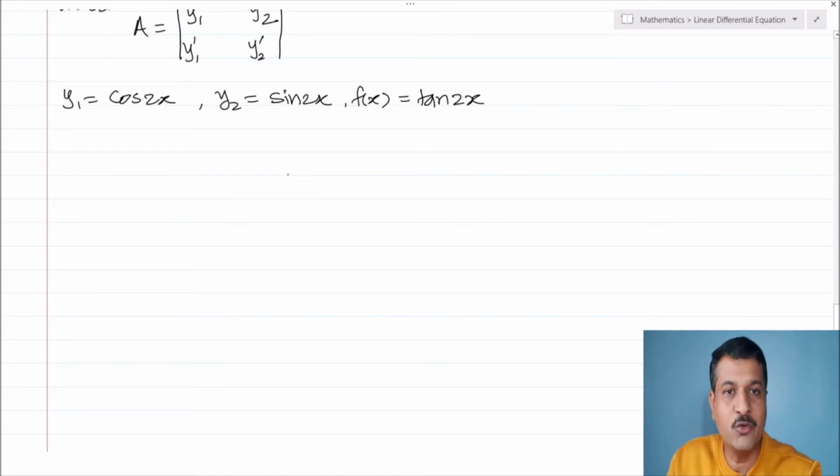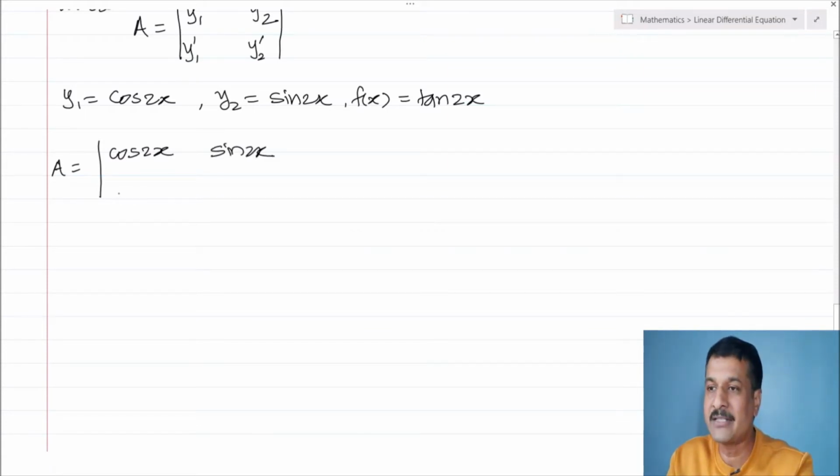Before finding u and v, we have to find the Wronskian A. So what is A? A is the determinant of y1, meaning cos 2x, y2, meaning sin 2x, y1 dash, meaning derivative of cos 2x, which is minus 2 sin 2x, and derivative of sin 2x is 2 cos 2x. So solve this determinant.